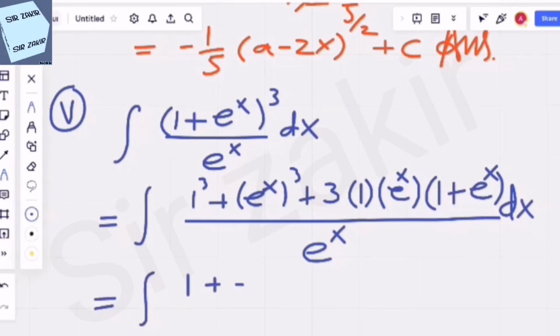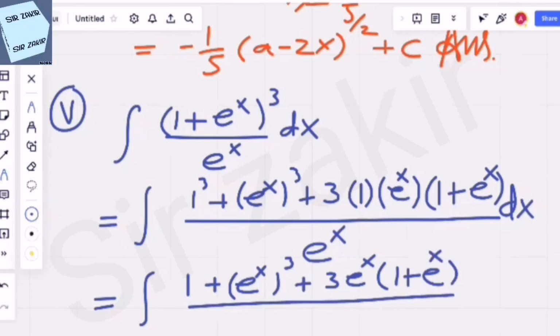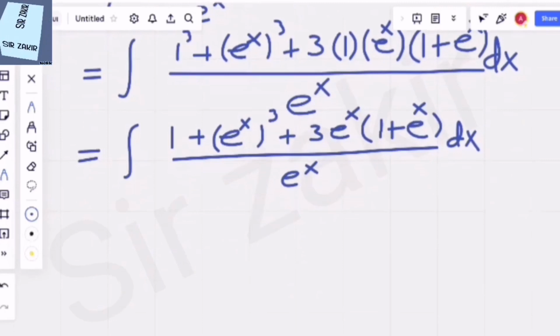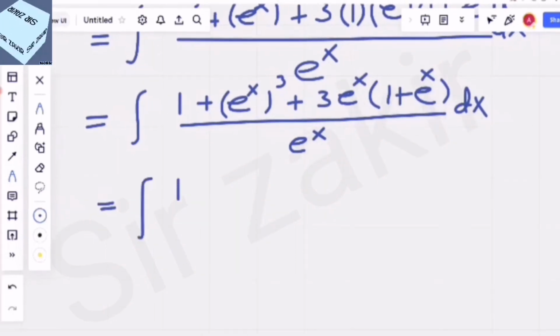Then it is 1 plus, we can write e^3x, but here we are writing (e^x)^3. Then we write 3e^x(1 + e^x) dx. Then we divide it, or first we just simplify the numerator a little more.